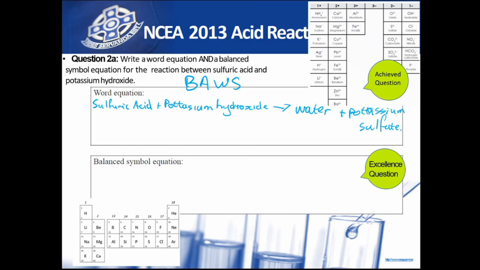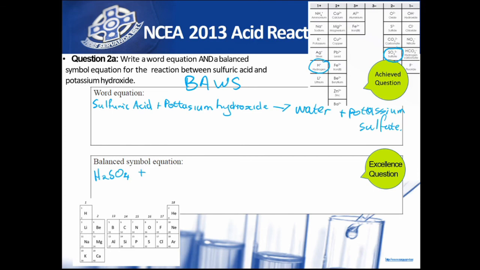Okay, let's do our balanced symbol equation. You studied sulfuric acid, you know that it's H2SO4. Even if you didn't, H you know is 1 plus and SO4 is 2 minus. So we need two hydrogens to cancel out the 2 minus from the SO4, plus potassium hydroxide.